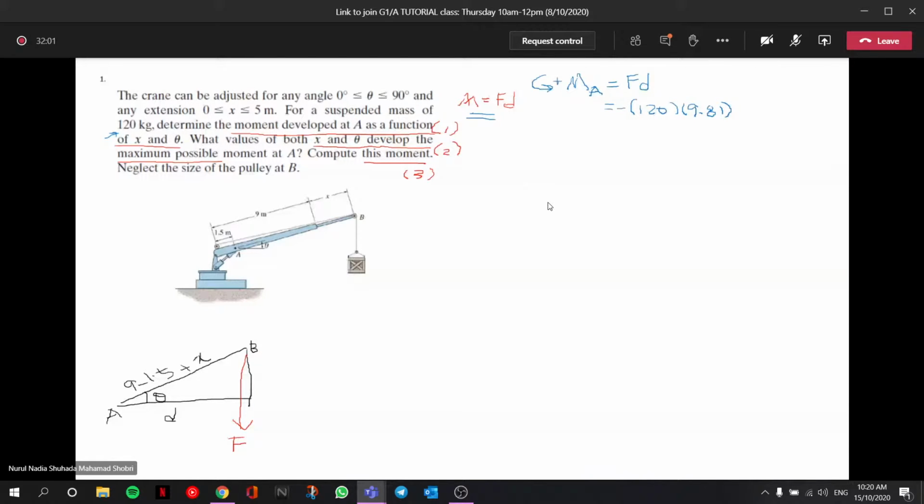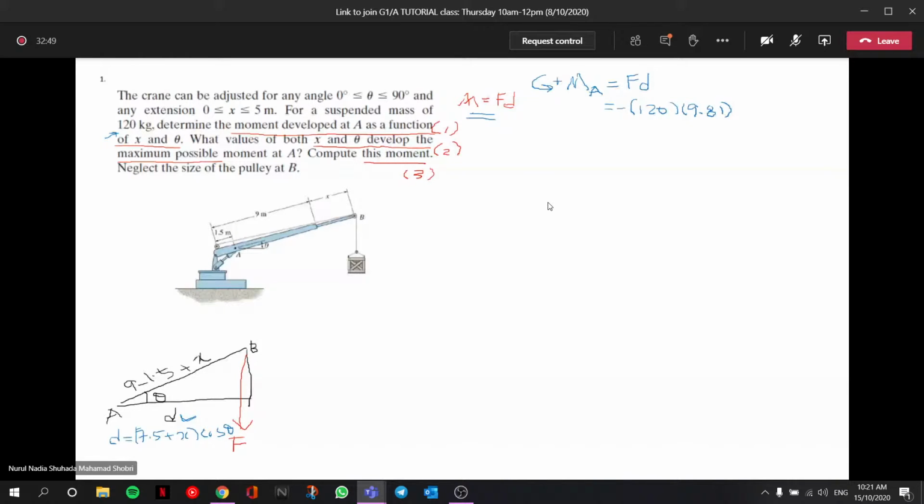And then the value of d. The value of d should be this part because this is a scalar. So the value of d has to be perpendicular to the force. So here the d value is 7.5 plus x times cos theta.